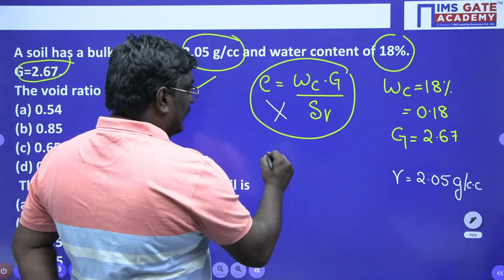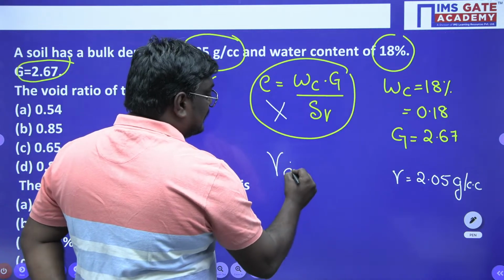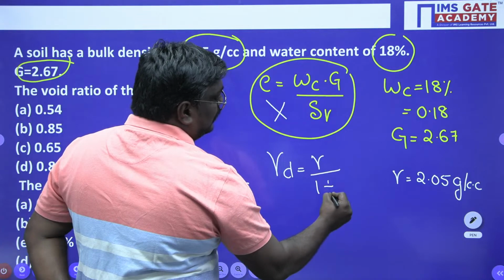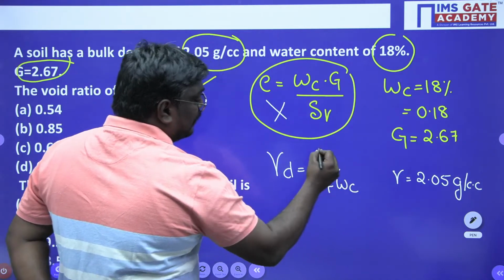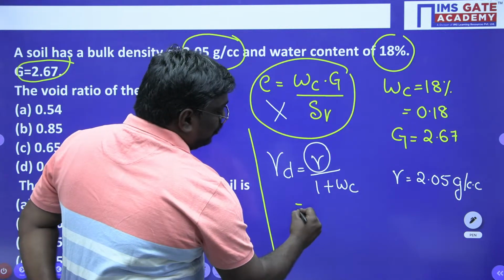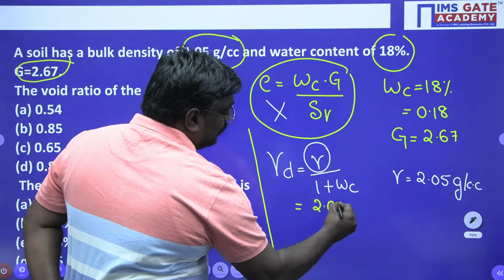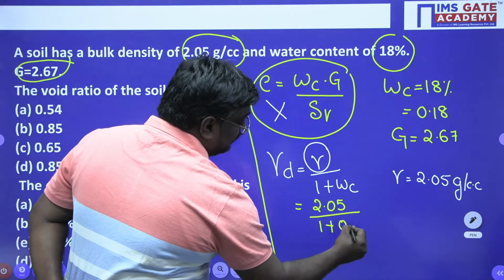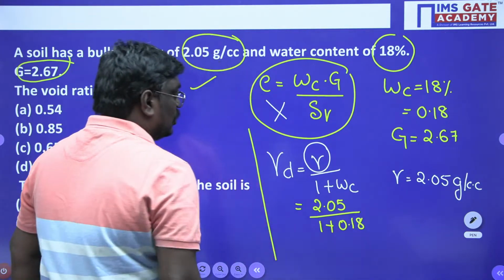So here, students, when I solve this, dry density gamma D is equal to gamma upon 1 plus water content. What is the bulk density they have given? They have given the bulk density as 2.05, divided by 1 plus the water content, 0.18.